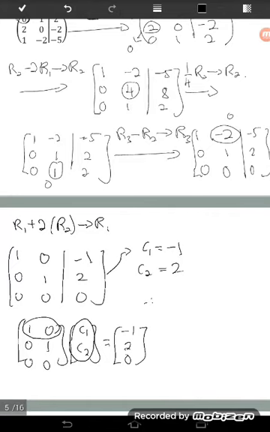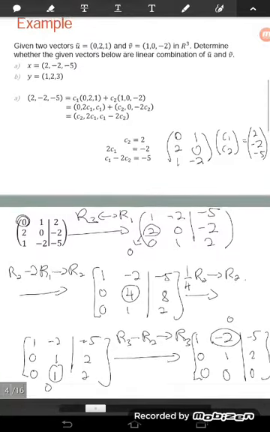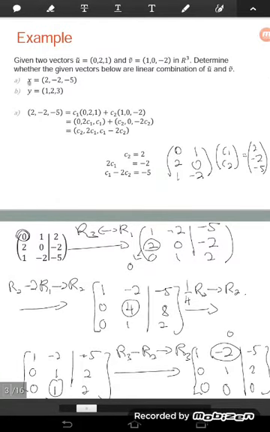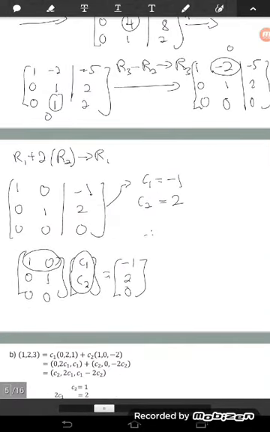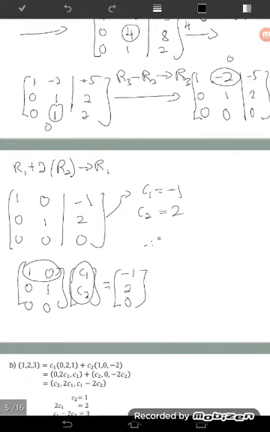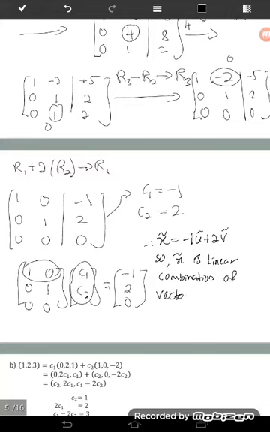So therefore, this vector X is the linear combination of U and V. So therefore X is equal to negative 1 U plus 2 V. So X is a linear combination of vector U and V.